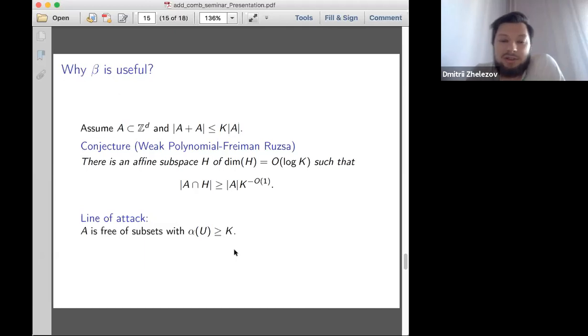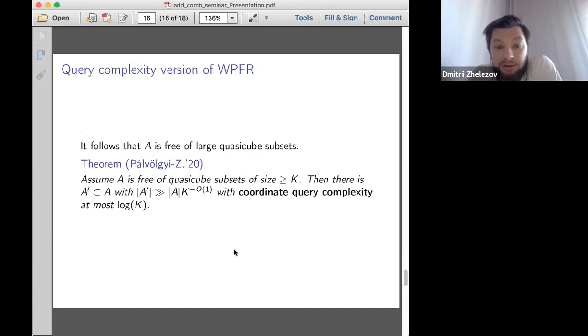Because it's just a contrapositive statement. So in our case, this means that if A has a doubling k, then it cannot contain quasi-cubes of size square root k, say. And it turns out that you can extract a certain structural information about sets which are free of such families.